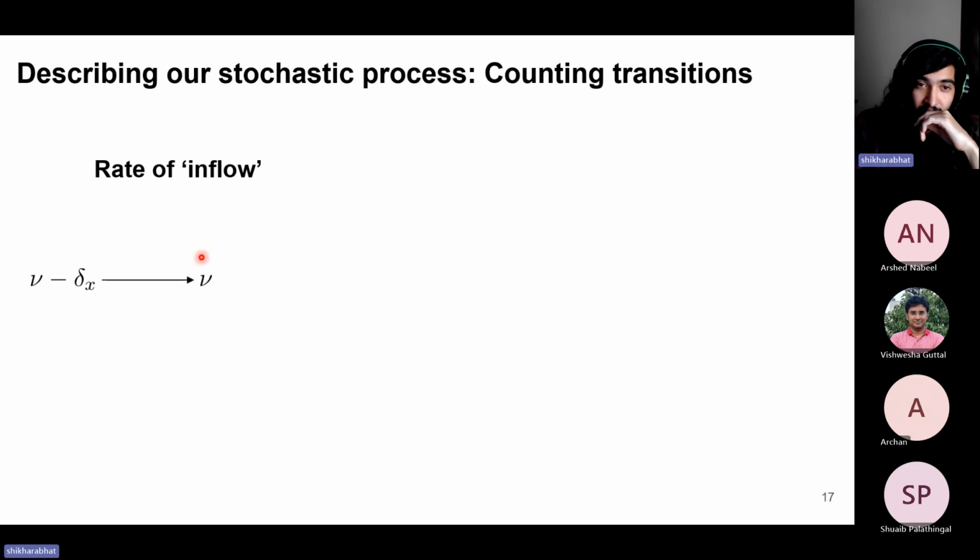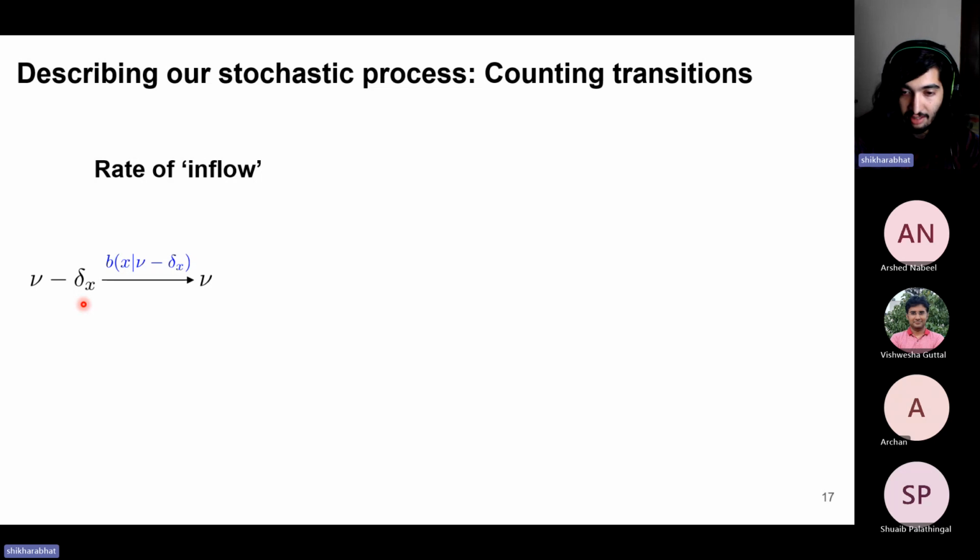Given a state nu, how can you enter the state? Well, you can enter the state from a population that looks like nu minus delta x, through the birth of an individual at the trait value x. And this occurs by assumption at rate b of x, that is the birth rate at the point x in the population nu minus delta x.